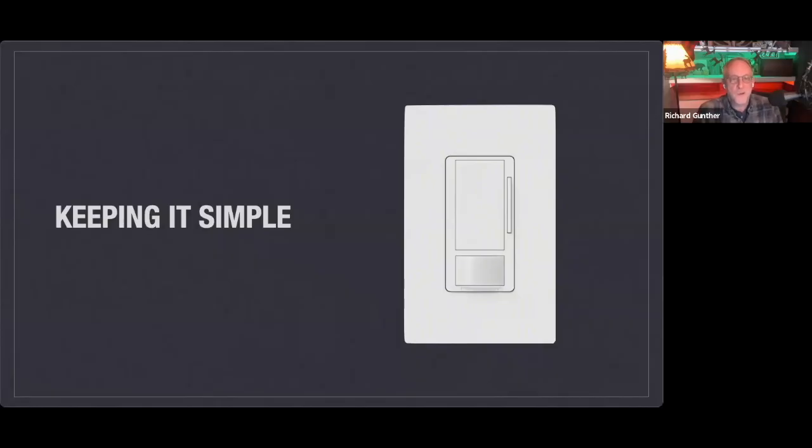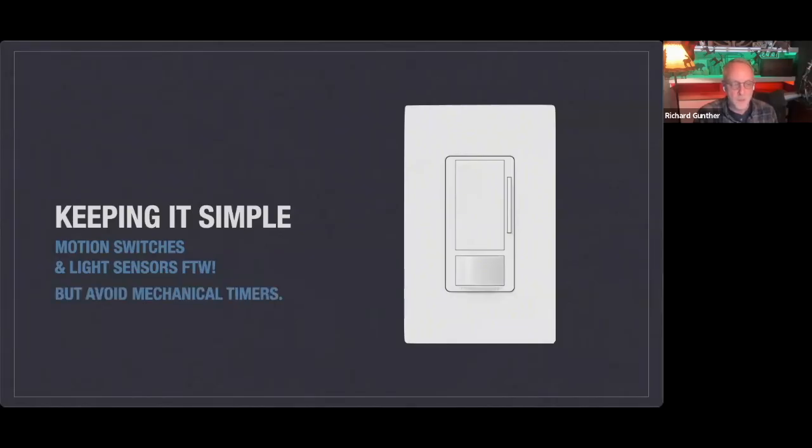Isn't that the smartest solution you can do? You don't need to monitor the state of that or do anything fancy there. Sometimes the best thing you can do is just a simple motion switch and maybe a light sensor, and stuff like that can serve your need without having to go and buy all these expensive products.